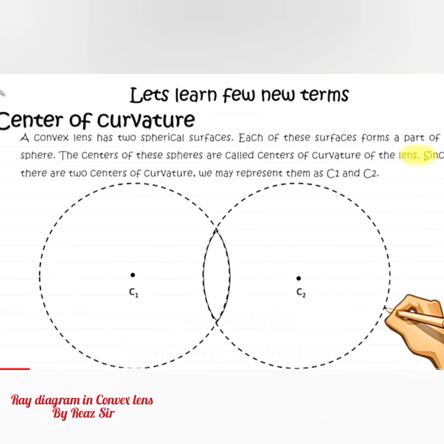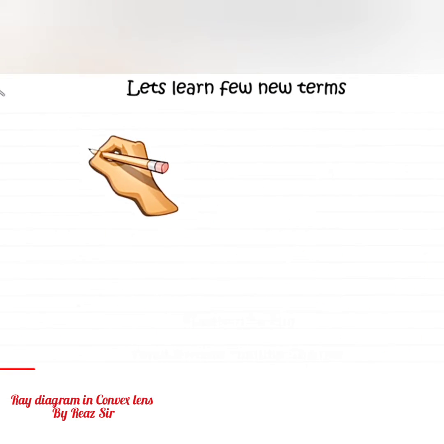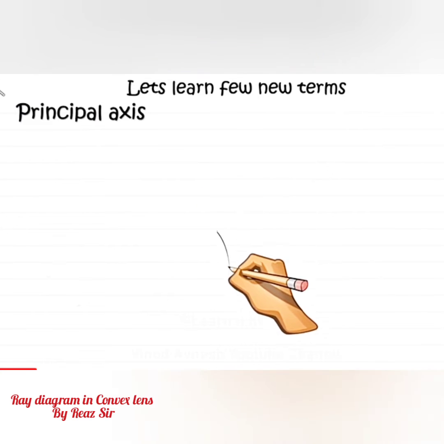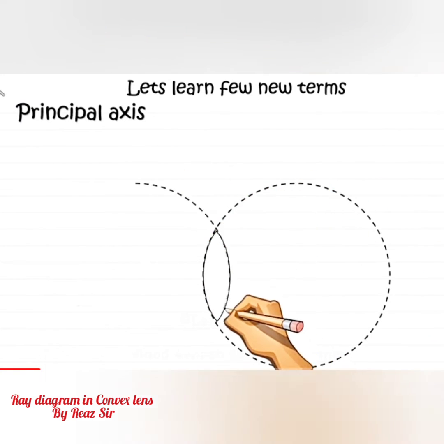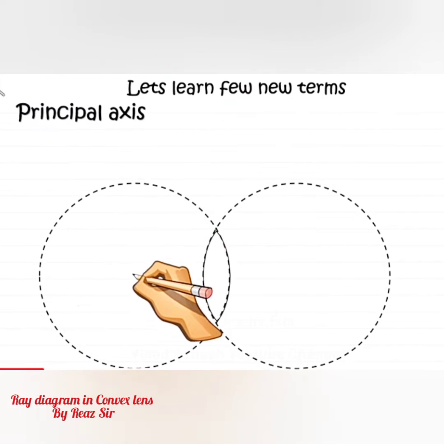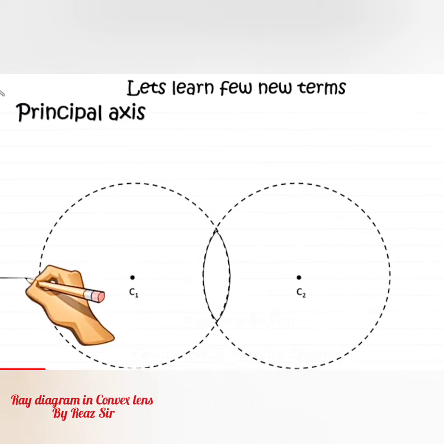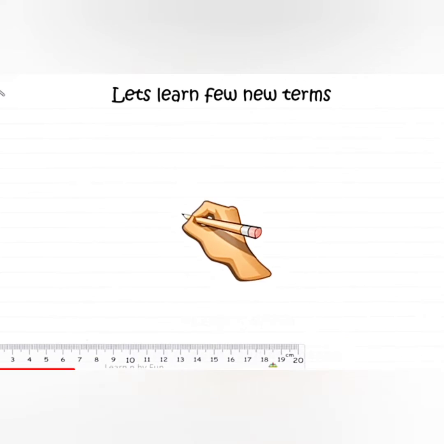Now principal axis. What is the principal axis? An imaginary straight line passing through the two centers of curvature C1 and C2 of a lens is called the principal axis. Now principal focus of a convex lens.